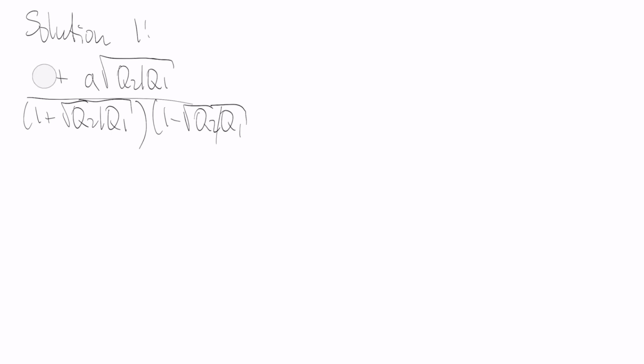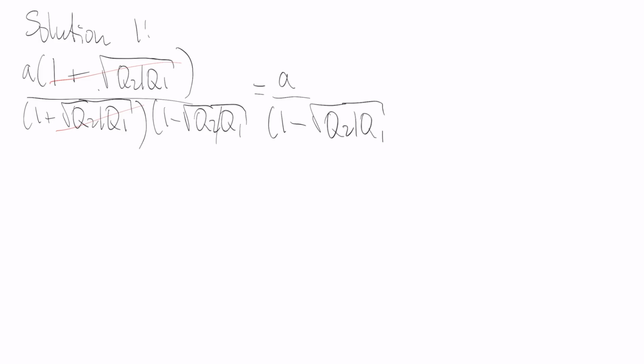Actually, even better, let's just express the top as 1 plus that. And look at this. This thing here is fully going to cancel out. Beautiful. So our first solution is going to be A over 1 minus root Q2 over Q1, like that. And the other solution, solution 2, is A over 1 plus this factor.